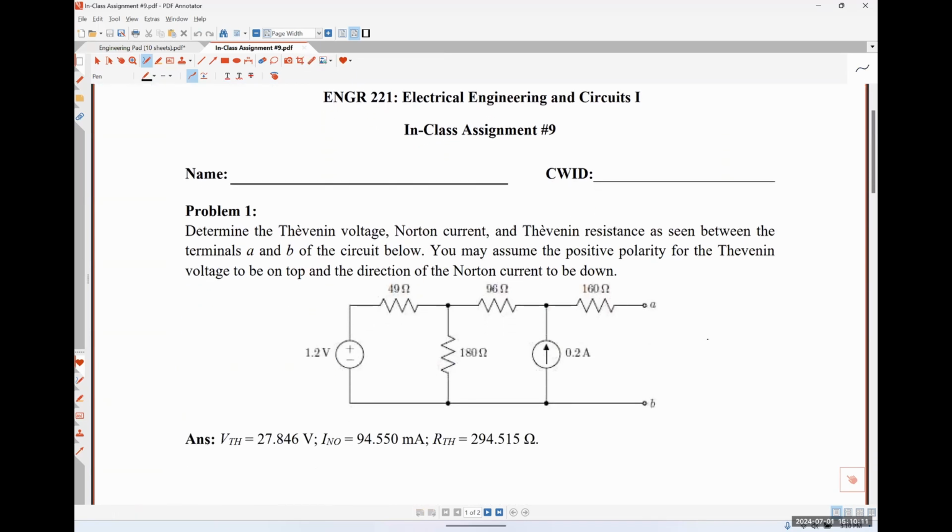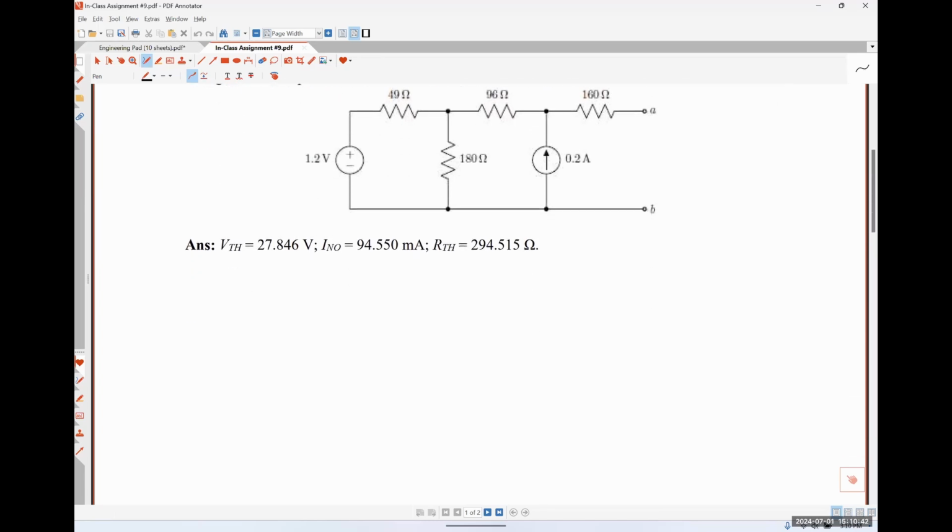So for this first problem here, we're asked to determine the Thevenin voltage, Norton current, and Thevenin resistance seen between terminals A and B. Assume the positive polarity for the Thevenin voltage is on top and the direction of the Norton current should be down. So which of the three quantities do you want to solve for first? RTH. Okay, so that's the easiest one, so that seems reasonable to me.